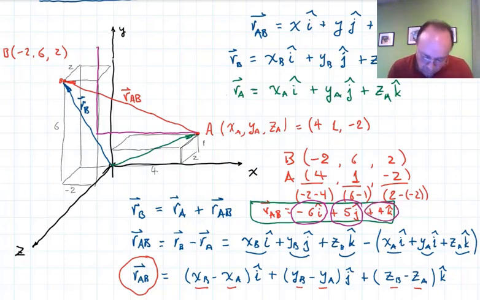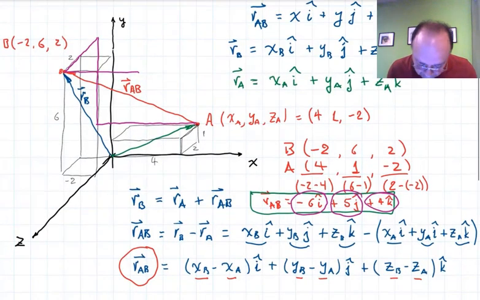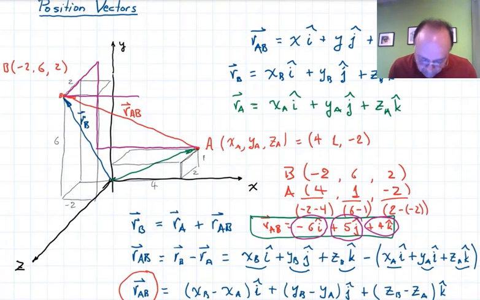So that's how you go from A to B, and that's how you get the components of the position vector of B with respect to A. Let me complete the rectangle here so it looks nicer. So here we have 4, here we have 6, then we have this like this, this is also 6.